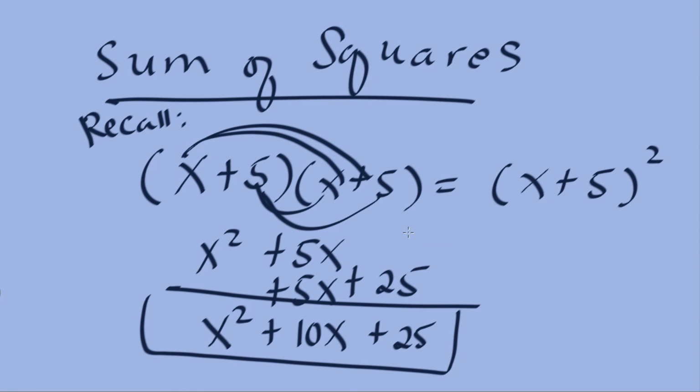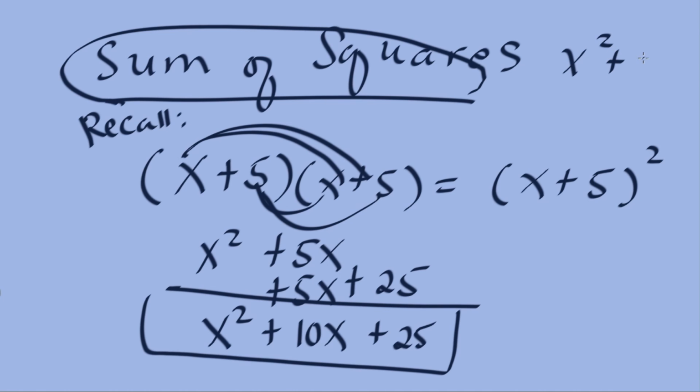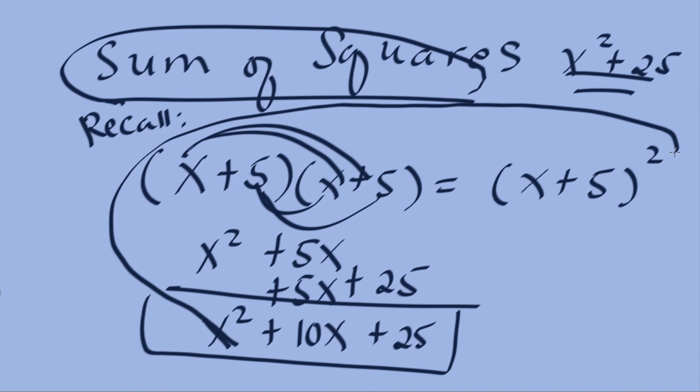All right. So when I give you a sum of squares, say x squared plus 25, so this is a sum of squares. This is just a short review, because we're going to be making use of this later on.